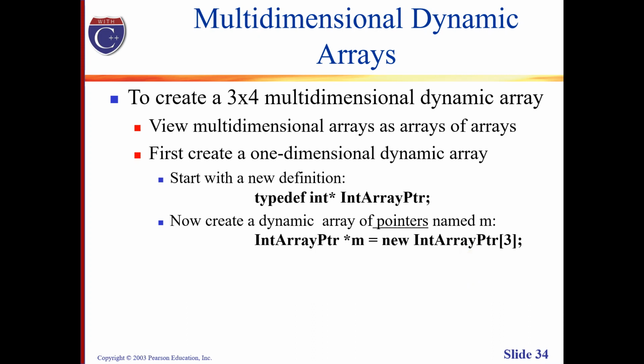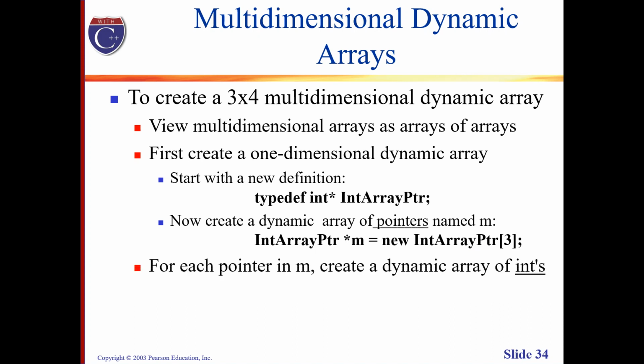And of course, the next one that we will create is an array of 4 elements. For each pointer in M, we create a dynamic array of integers, which will now comprise our other dimension, which is comprised of 4 elements. Simply put, we have a multi-dimensional array of 3 rows and 4 columns.